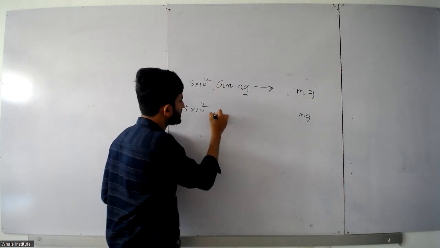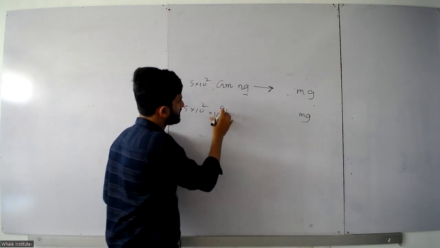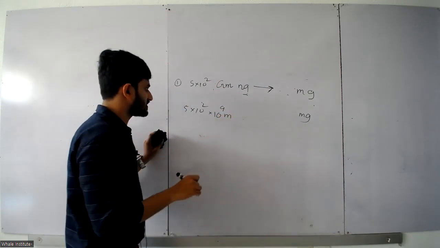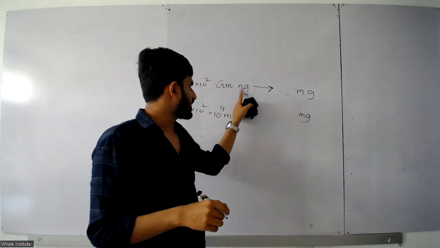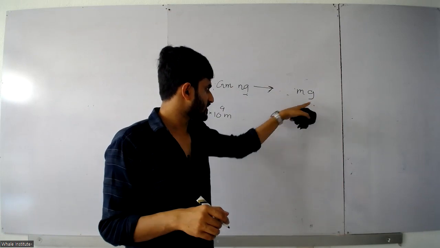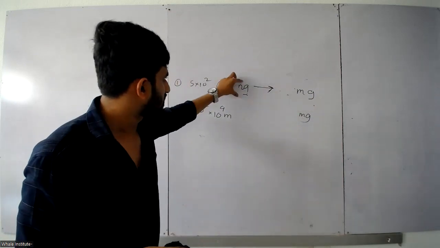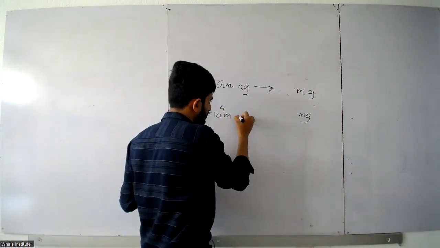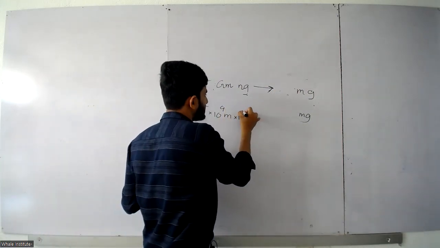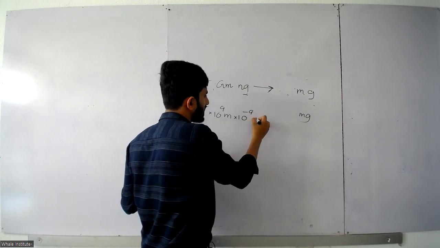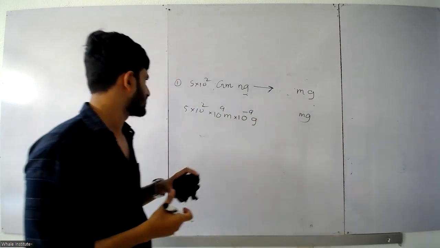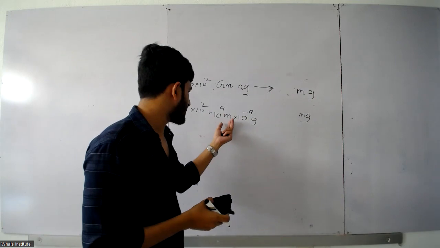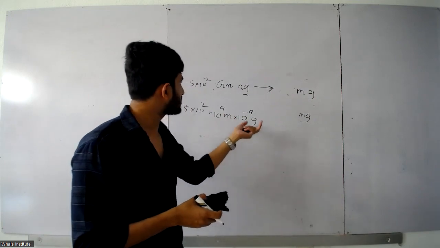Giga means 10 to the power plus 9. So I'm keeping the value and then putting meters. Then the second one, nanograms to grams. We have to remove nano to get grams only. Nano means 10 to the power minus 9. So you have to keep the value and put the unit grams. So basically we are putting all the units at the end of the measurement.